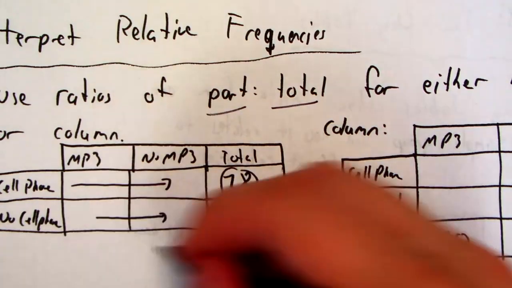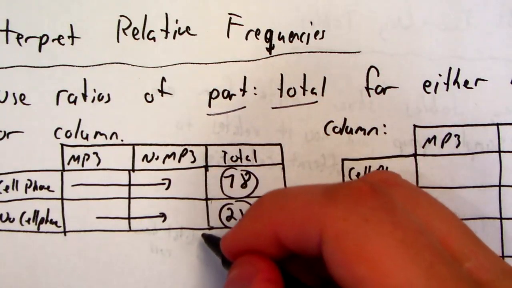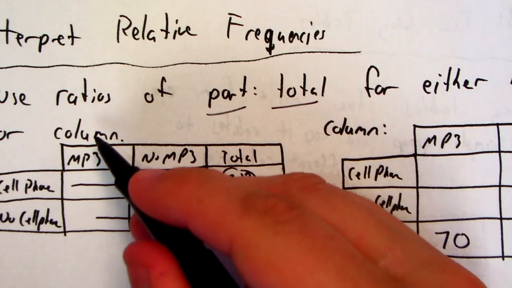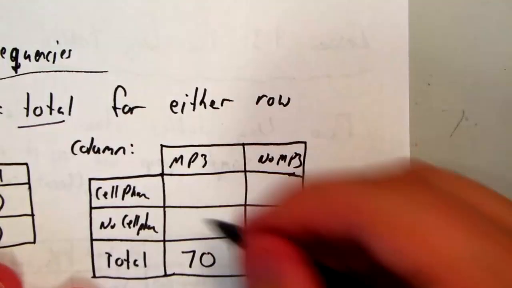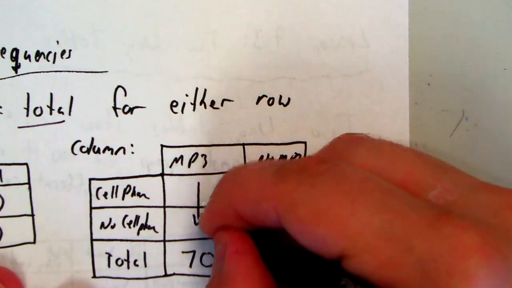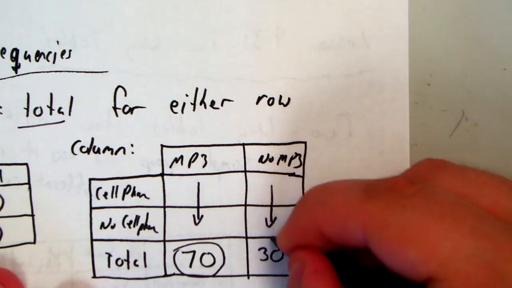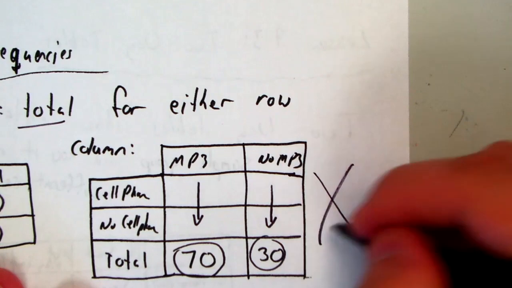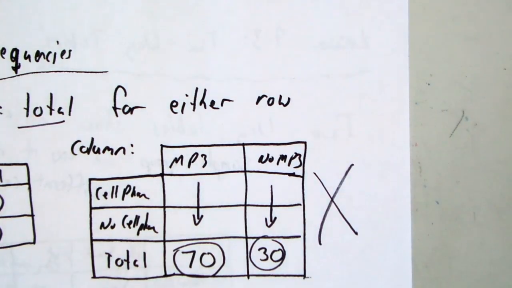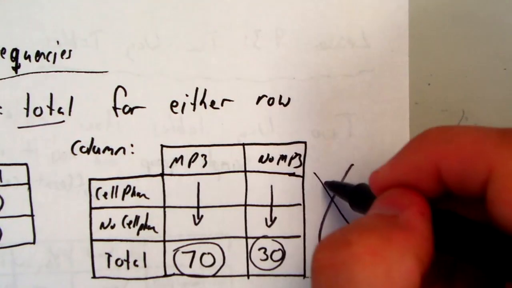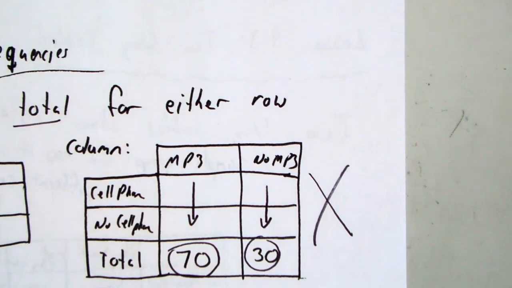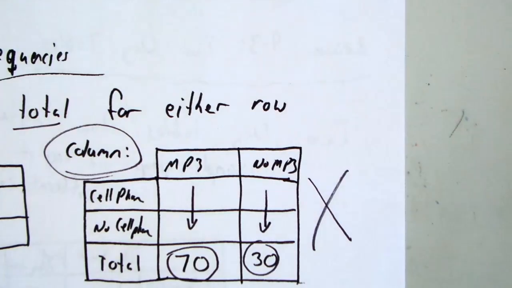Anything that's down here, we don't care about because those are part of the columns. Now, if we do columns, we want to go down and look at this total, down and look at this total. Again, don't care about anything that's over here because that's dealing with the total of the rows. And I only care about the columns.